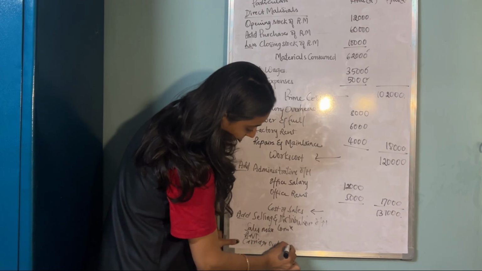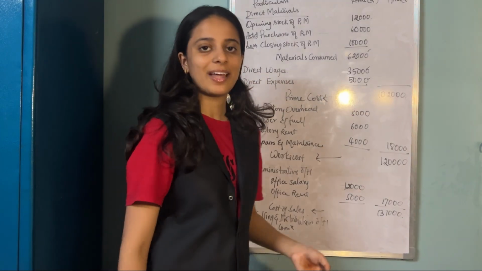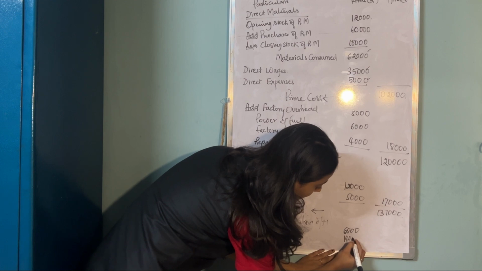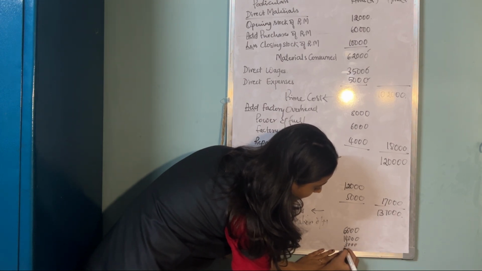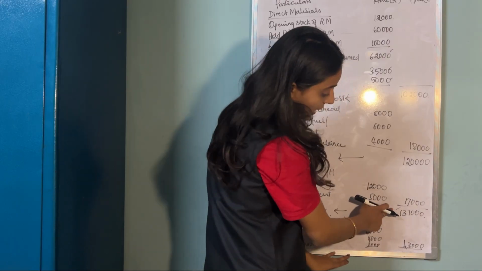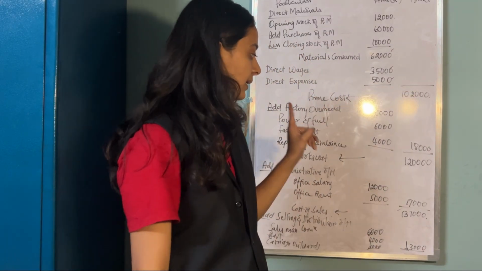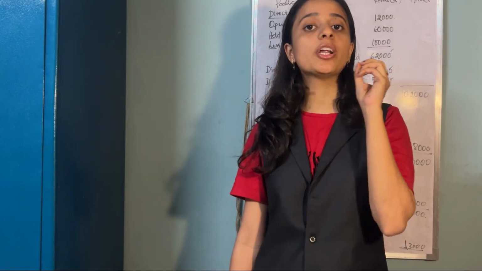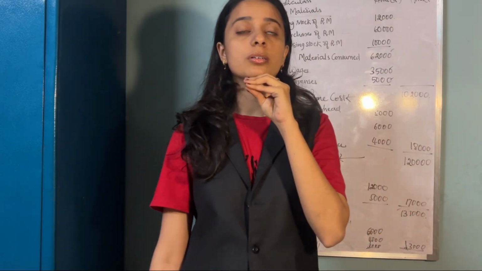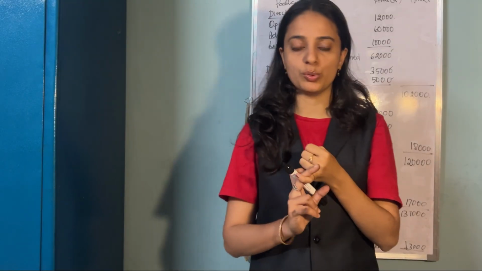Okay, please write neatly, don't follow me. What are the amounts given? 6,000, 4,000, 3,000 will result to 13,000. 13,000 plus 1,37,000 will result in 1,50,000. That will become our cost of sales, right? Cost of goods sold.